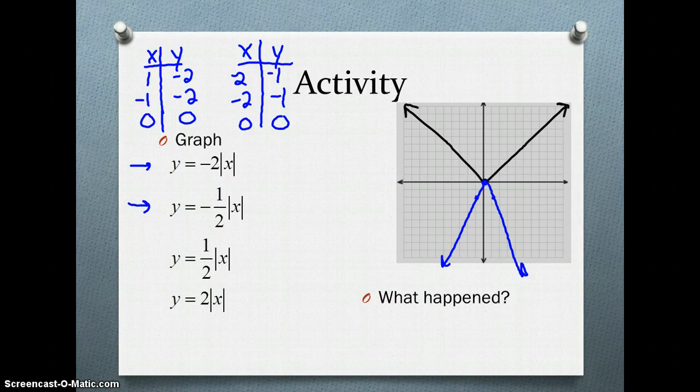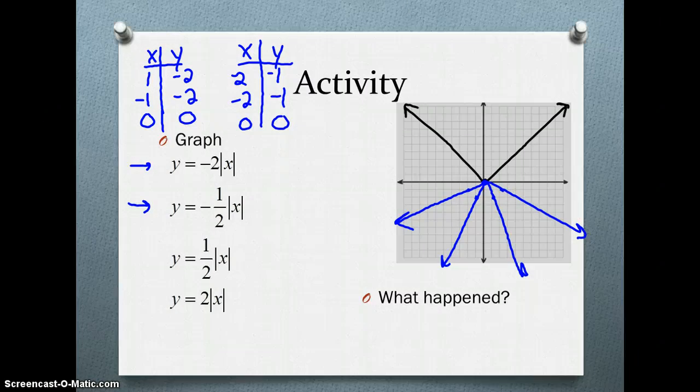And again, we have 0, 0. So we have our points. Still 0, 0. But now we go 2, -1, and -2, -1. And that one appears to be wider, and it still opens down.